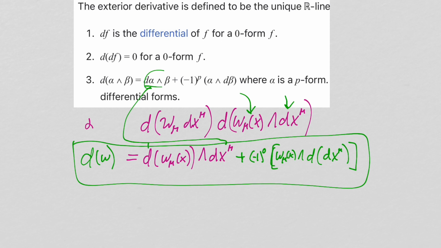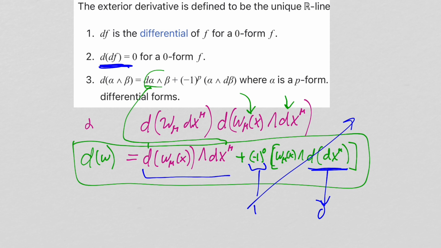But the key to understanding how this works is that the exterior derivative of an exterior derivative is equal to 0 by this axiom here. And this, by the way, is just equal to 1, not that it matters because this guy is 0. So this whole part goes away and you're just left with this. But the exterior derivative of omega mu, we've already seen, is partial nu omega mu dx nu.